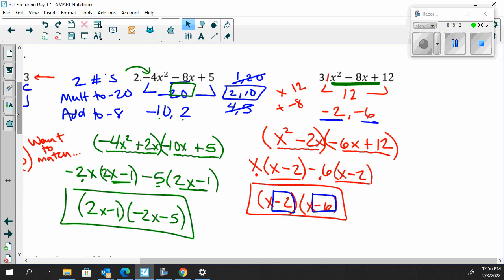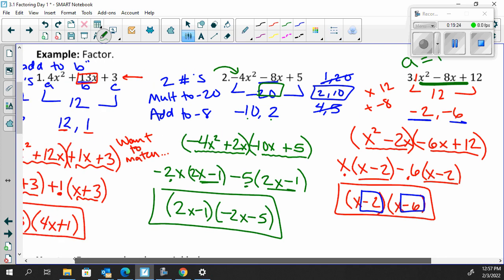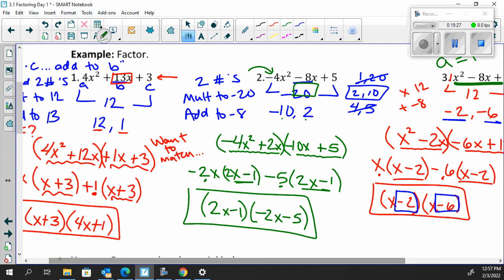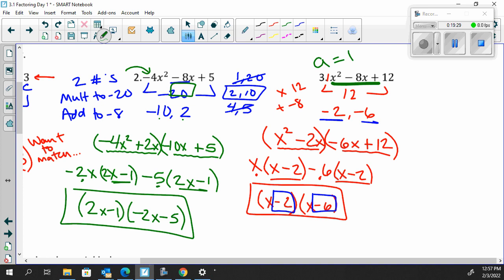If the leading coefficient is 1, like it was here, A is 1 on this one. A is not 1 on this one, and A is not 1 on this one. But if A is 1, your answer is just going to be the two numbers that you came up with, slapped next to some x's and put in parentheses. There's a shortcut. Again, you can still do this process, but that is an option. Okay?